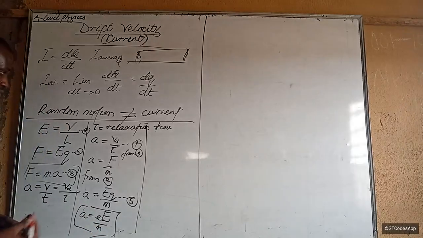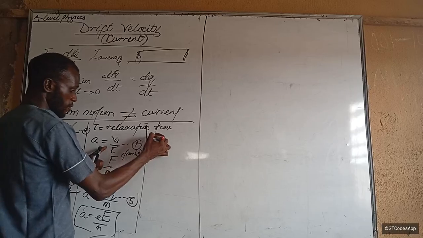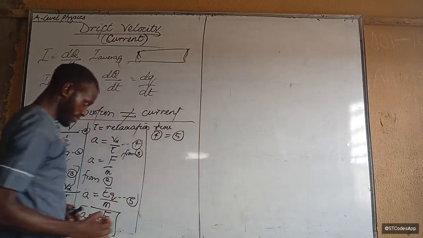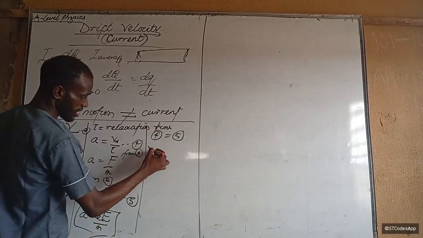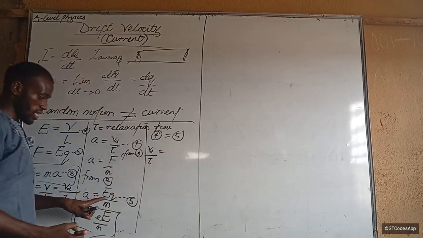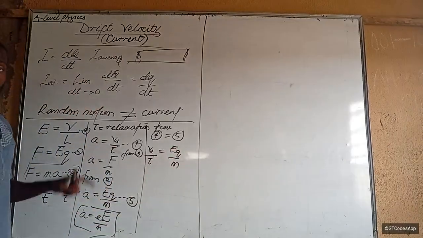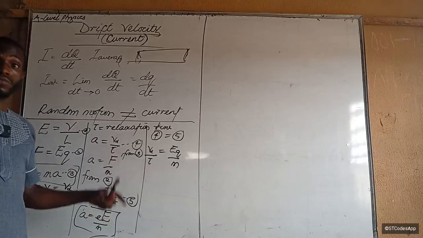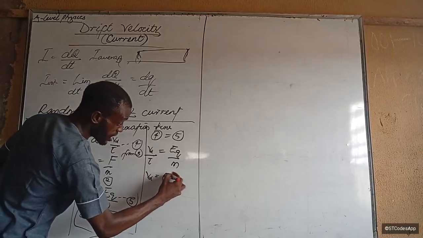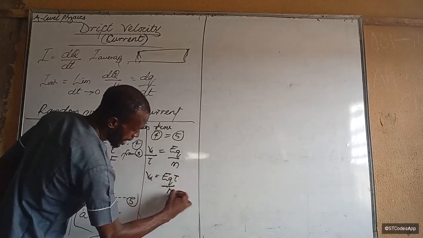I like to use Q, so let's continue. Acceleration is already this, and is also this. Therefore, we can equate equation 4 with 5. What is equation 4? Drift velocity over tau is going to be equal to EQ over m. So from here, we can generate an expression for drift velocity such that v sub d is equal to EQ times tau over m.